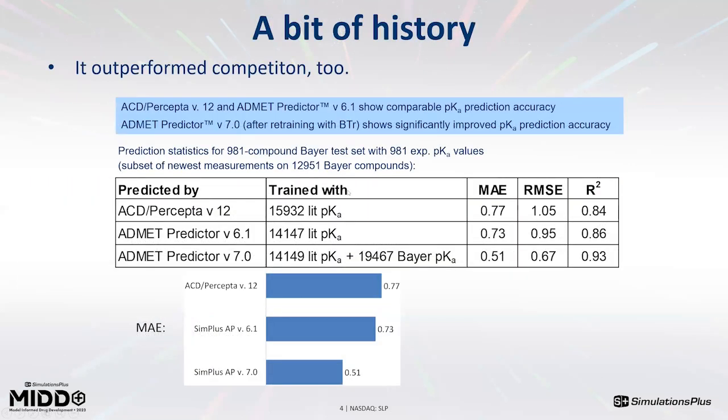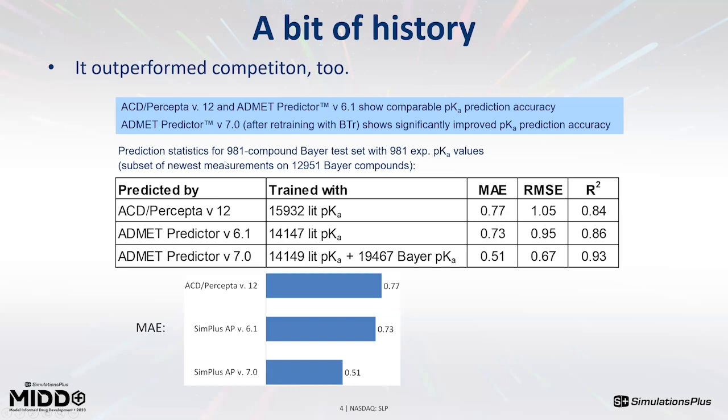The model also compared favorably to, well, it's an unfair comparison, as you can say. The Bayer scientists extracted a set of 1,000 compounds from the third set, from the 12,551 set, and ran it through both programs, ADMET Predictor version 6 and ACD Perceptor version 12.